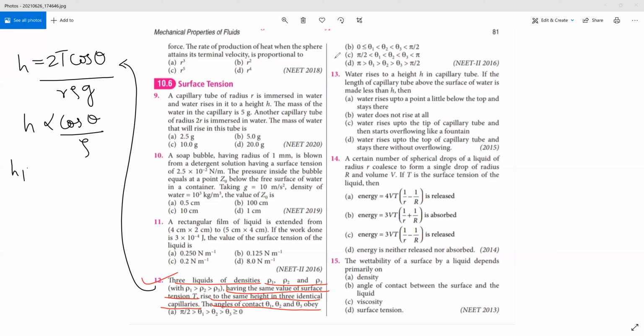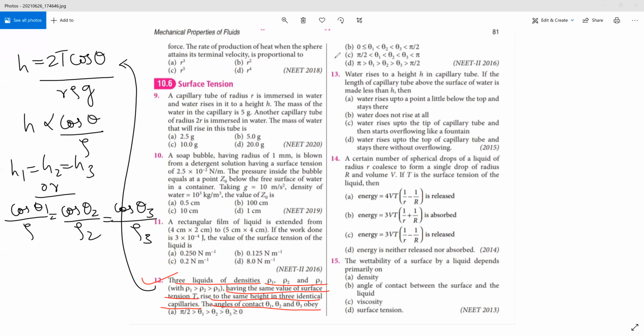And here h1 is equal to h2 is equal to h3, or you can represent this as cos theta 1 divided by rho 1 is equal to cos theta 2 divided by rho 2 is equal to cos theta 3 divided by rho 3. So here rho 1 is greater than rho 2, that is greater than rho 3.